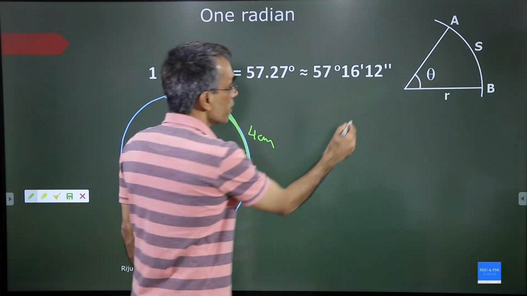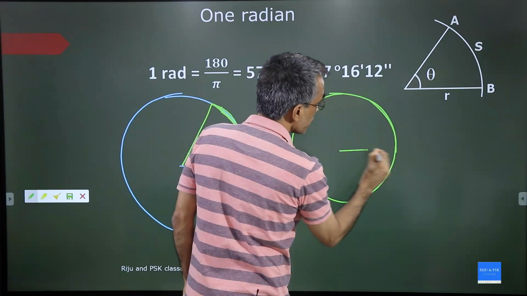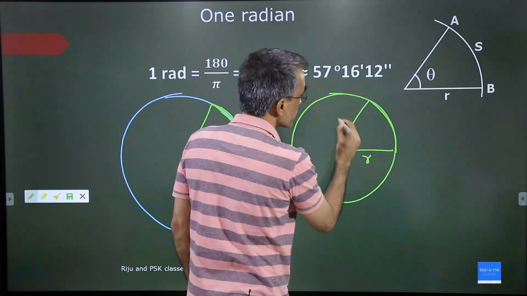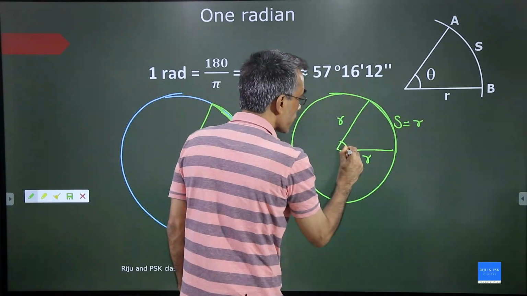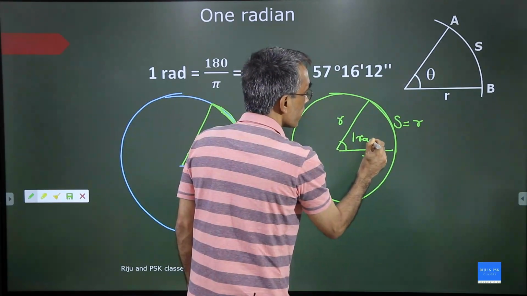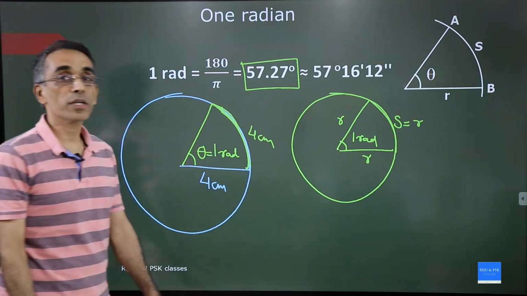So I'll tell you again. Draw a circle, select an arc length which is equal to radius. Then this angle will become 1 radian, and that 1 radian is approximately 57.27 degree.